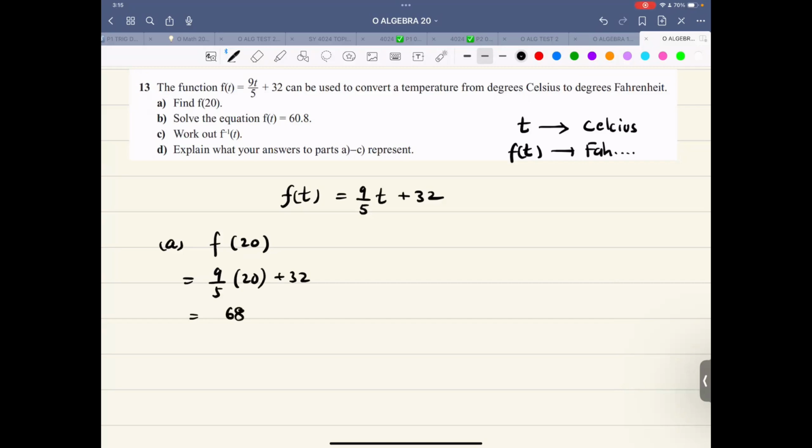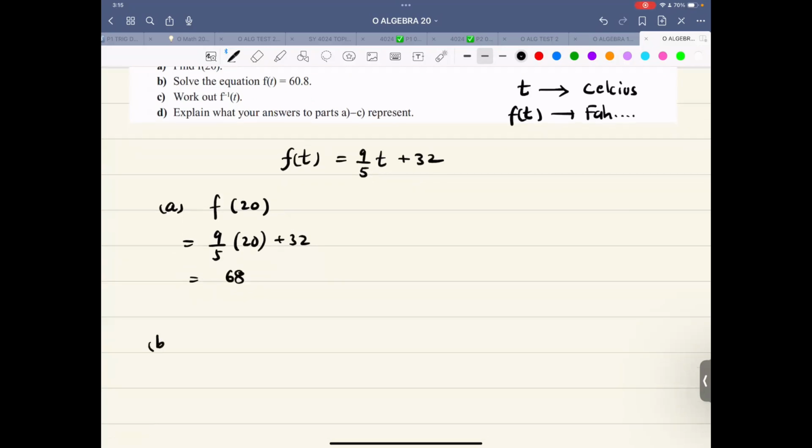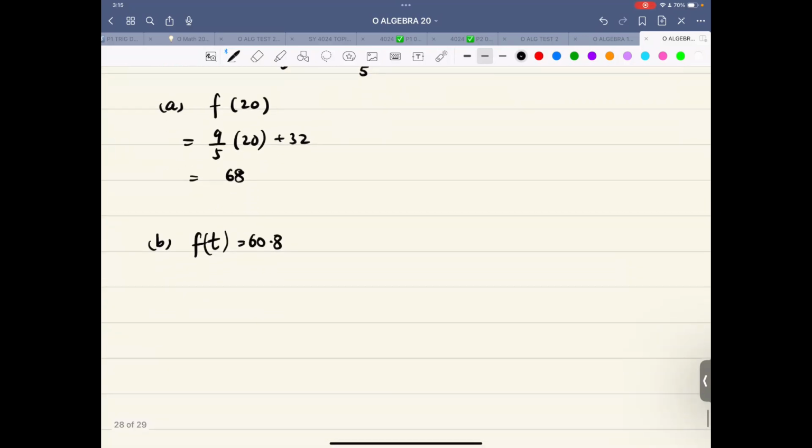Part B, solve the equation f of t is 60.8. So basically find t. 9 over 5t plus 32 is 60.8. Let me grab my calculator. So t is 60.8 minus 32, and 5 goes up, 9 goes down, so that will be easier for me to simplify.